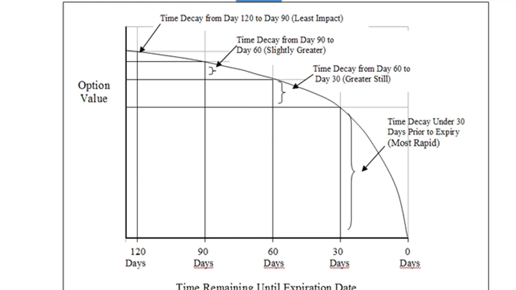And the time decay under 30 days prior to expiration is the most rapid time frame in theta decay. It will decay very rapidly at this point. All right? And so if I have one option that is 60 days out and I have another option that is 90 days out, the 60-day option is going to decay faster than the 90-day option.